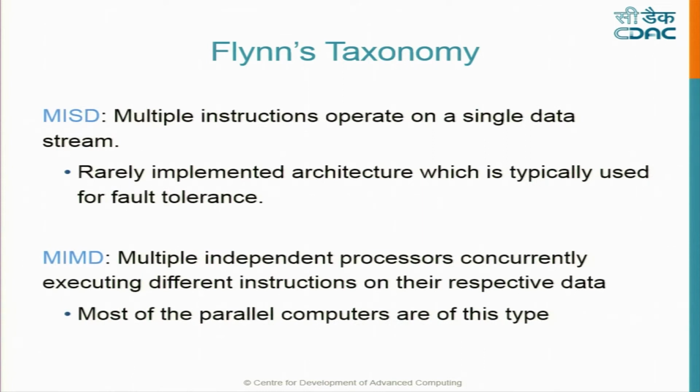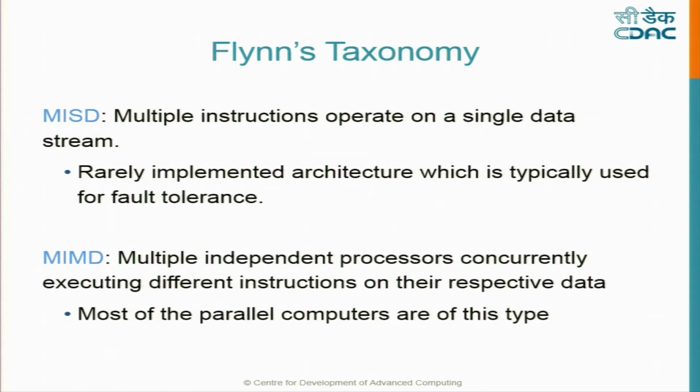Then comes multiple instructions operating on a single data. Now this architecture is rarely implemented, because if multiple instructions are operating on the same data, they are going to produce the same result. So there is not much fun in it, but they are used for fault tolerance.